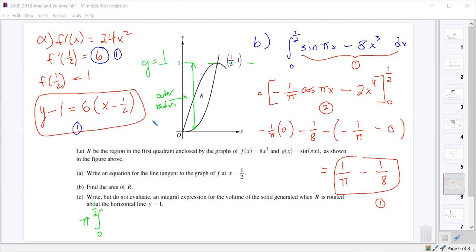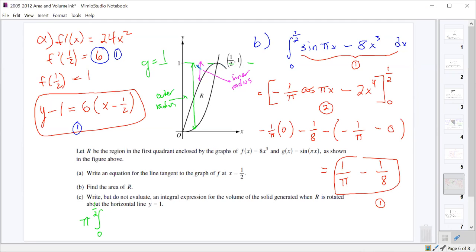And our inner radius, let's put a different color here. Our inner radius should extend from y equals 1 to our upper function. And so hopefully by now we're getting pretty good with revolving around this other line that's not the x or the y axis.